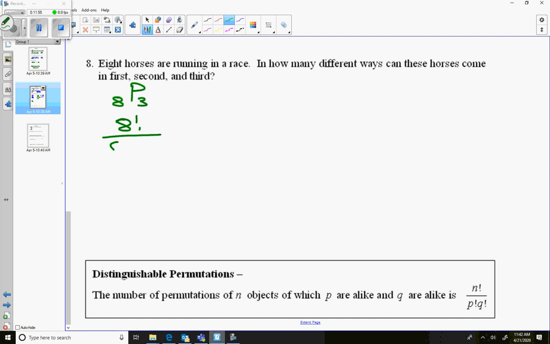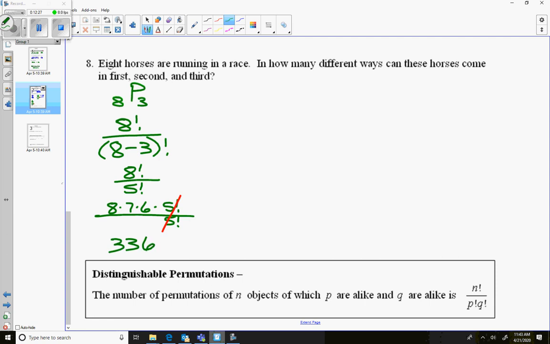According to our formula, it's going to be 8 factorial divided by 8 minus 3 factorial, or 8 factorial divided by 5 factorial, which boils down to 8 times 7 times 6, which is 336.